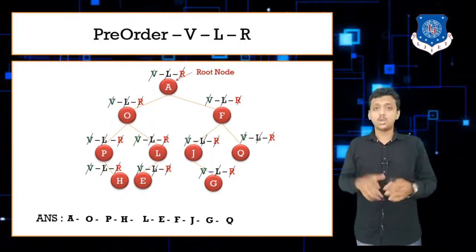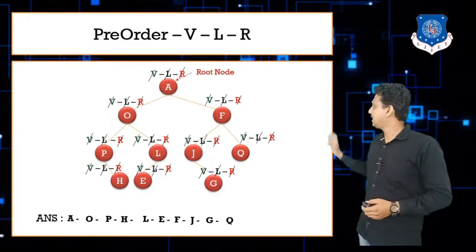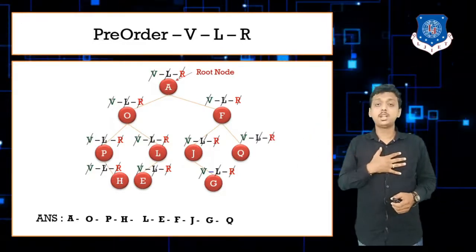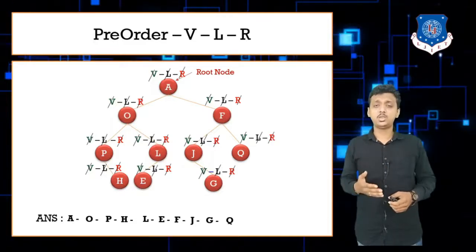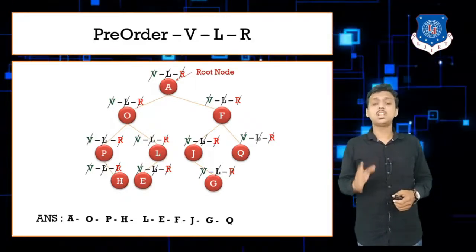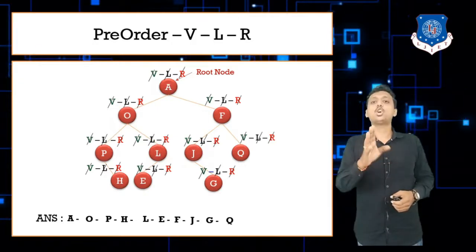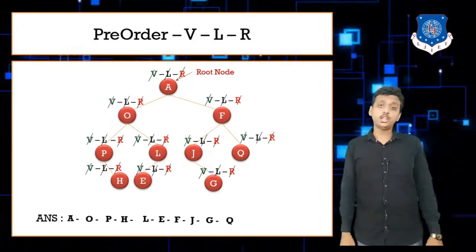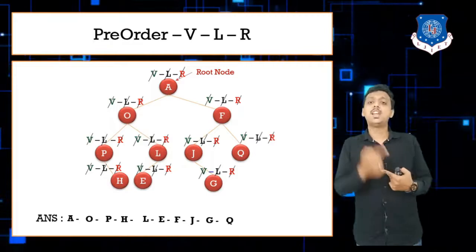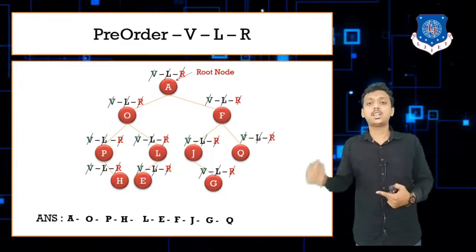Fine. So up to now you can see that each and every node I have visited, yes or no? Yes. But in which sequence I have visited the nodes? As per pre-order sequence, where I need to visit my root node first and then move forward to the left side and then take on the right side.